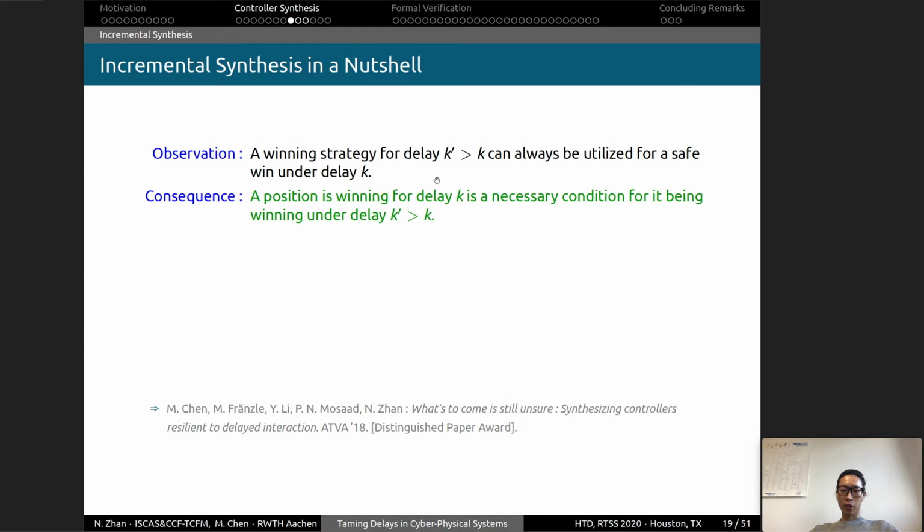The consequence of this observation is that a position being winning for a smaller delay k is a necessary condition for it being winning under a larger delay k prime. I hope this is somehow obvious to you, because if a player wants to win under a larger delay, he first has to win under a smaller delay.